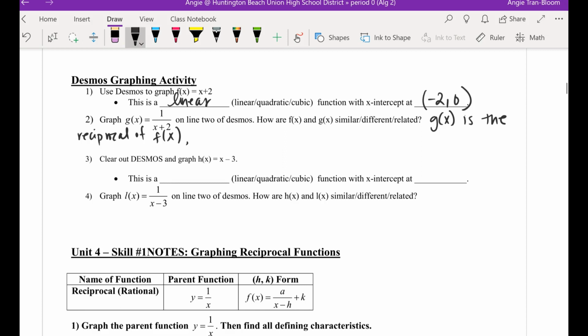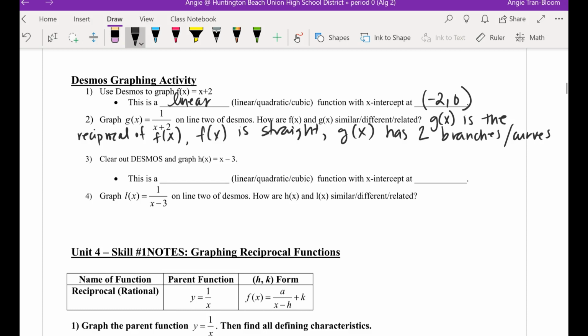G of x is curved and the f of x one is straight. Ah, okay. F of x is straight. And g of x has how many curves? One on each line. G of x has how many? Two curves. Okay, so let's call it 2 branches or curves.